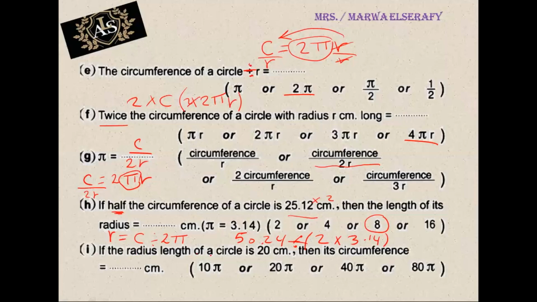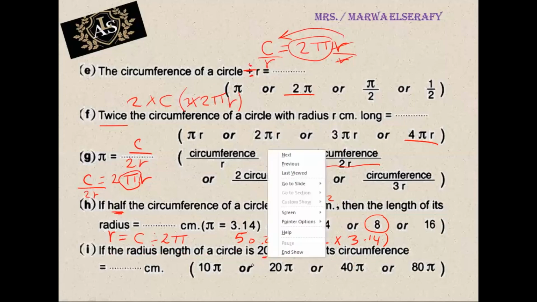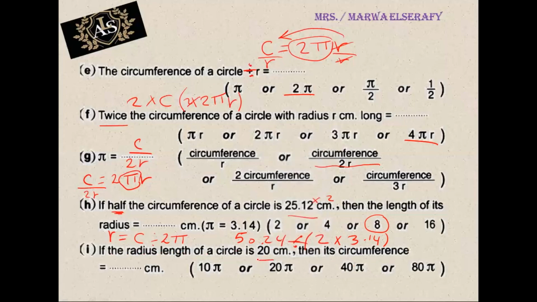If the radius length of a circle is 20, then the circumference equals what? The radius length. So this is the radius length, so I will use the circumference according to the radius. Circumference equals 2πr. Miss, he didn't give me the value of pi. Yes, and the choice is with pi, not with the value of pi, okay?